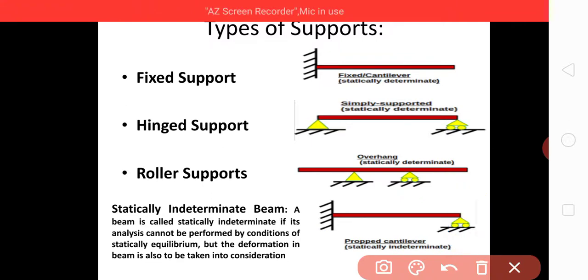Now, statically indeterminate beam. This propped beam is statically indeterminate.